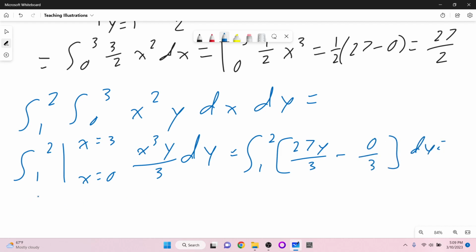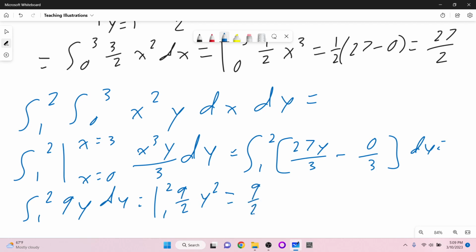So that's 1 to 2 of 9y dy, which then becomes 1 to 2 of 9 halves y squared, or 9 halves times 2 squared minus 1 squared. That's 9 halves times 3, which is 27 over 2. Good, it gave the same answer.